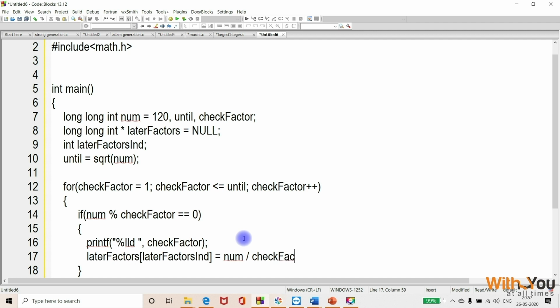Perfect. Cool. Then what about the job of the later factors IND? What should he be? He should have been beginning with 0. So let's copy this and paste it over here and say, hey, you start with 0 first.